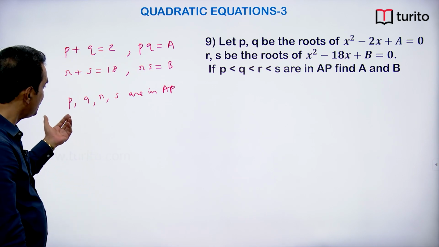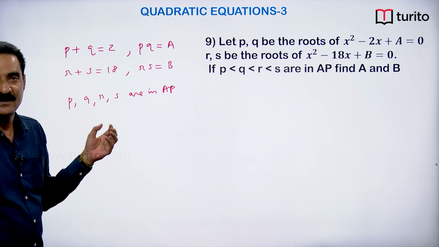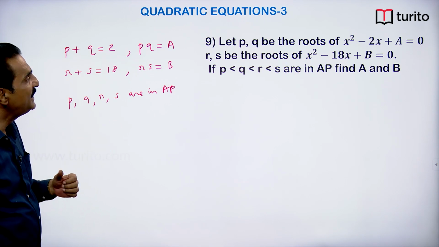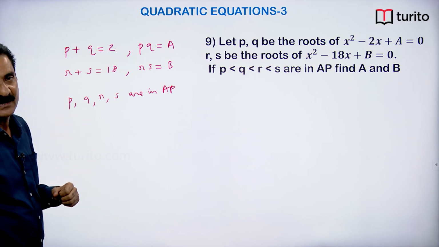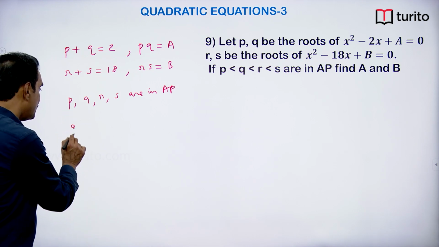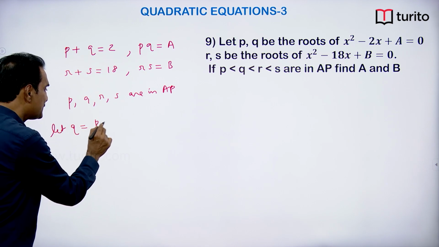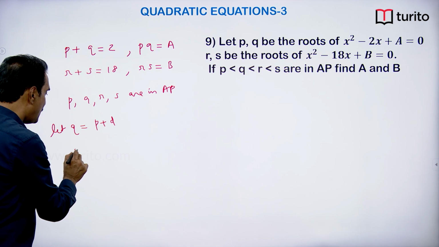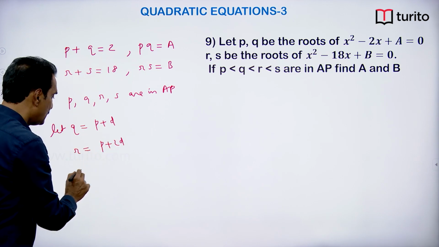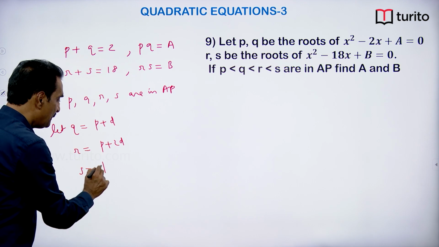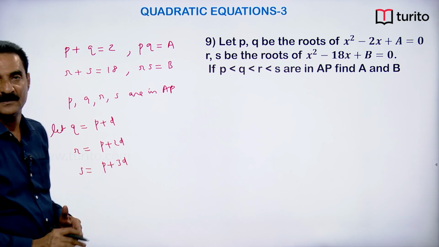Now, we can take the common difference of the AP to be some D. If the common difference of the AP is D, then Q will be P plus D, R will be P plus 2D, S will be P plus 3D.